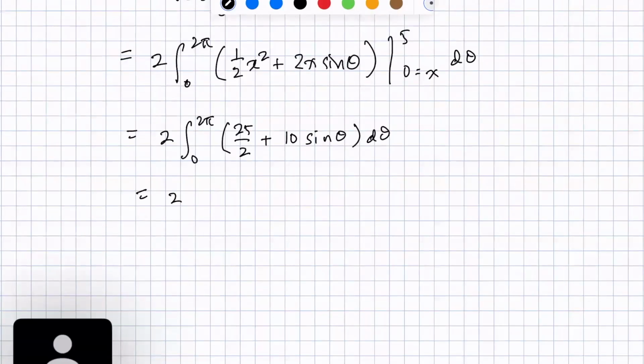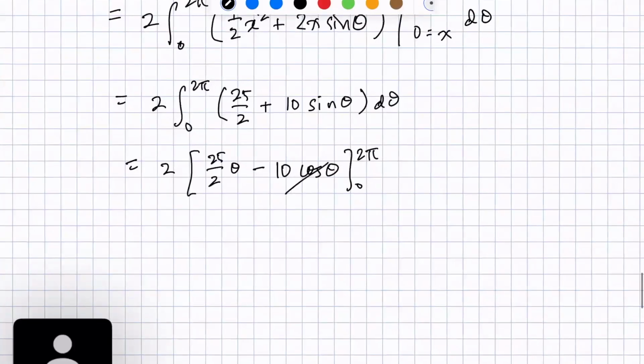Now we have 2 times 25 over 2 theta minus 10 cosine theta from 0 to 2 pi. This gives me 0 because I have 1 minus 1 there. And then I have 2 times 25 over 2 times 2 pi, which is 50 pi.